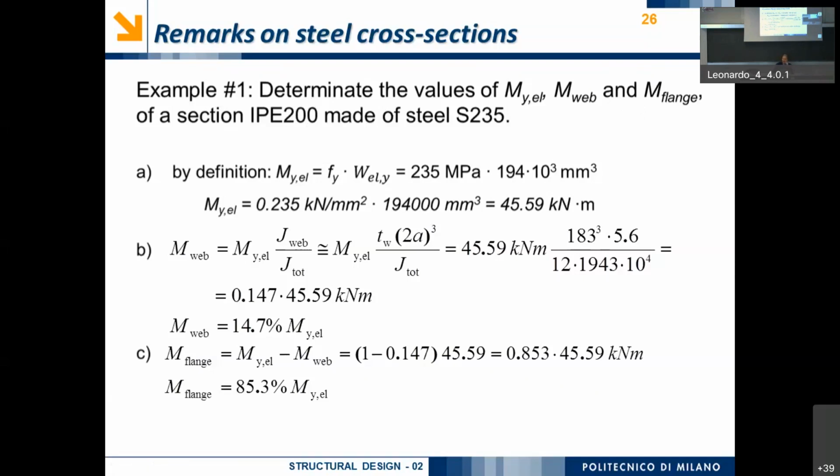For a steel S235, the yielding strength is equal to 235 Newton per square millimeter.